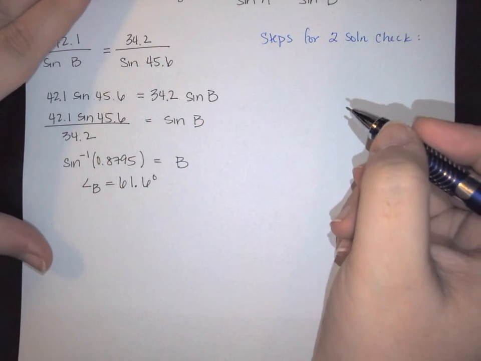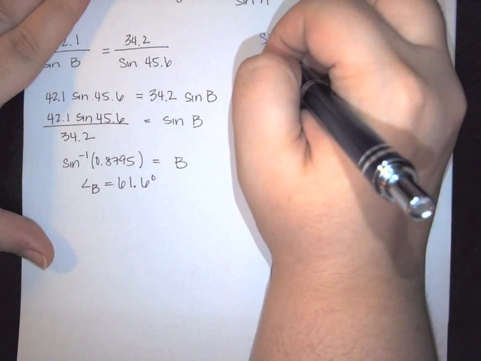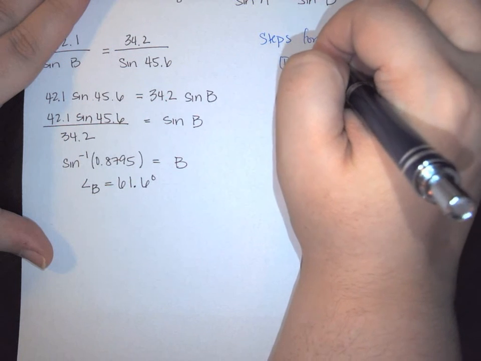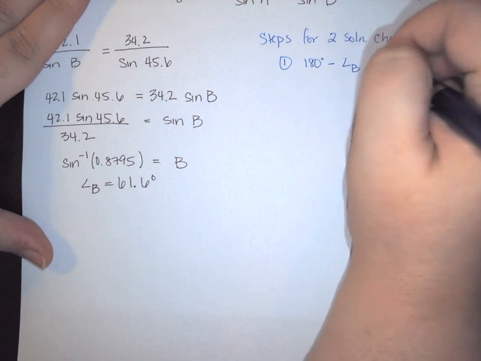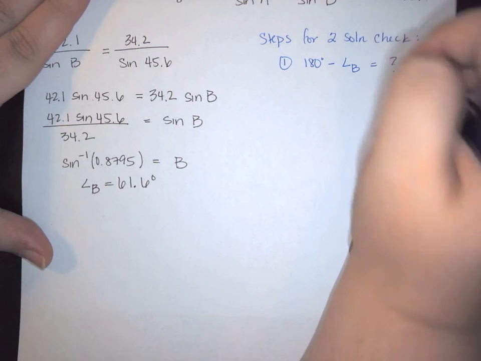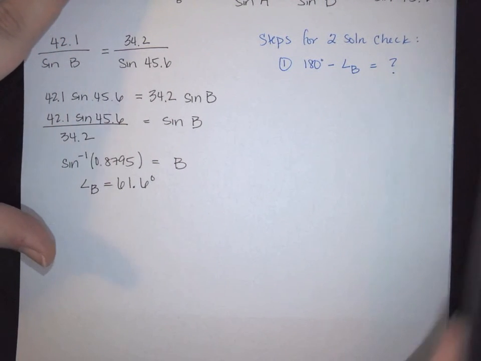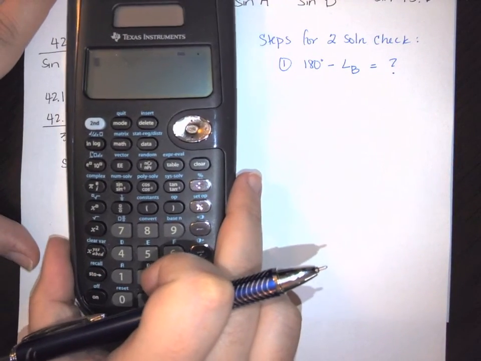So the second thing that you want to do is take your given angle plus, we'll call it the new angle, and you want to make sure that this is less than 180 degrees.